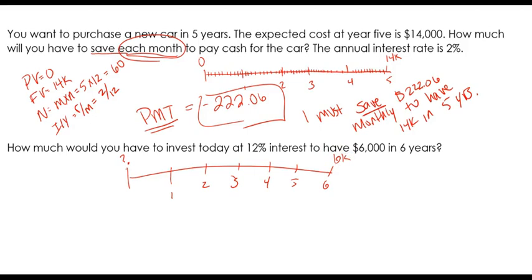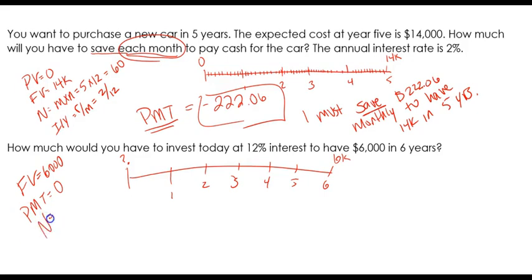So let's put in what we know. We know that we want to have $6,000. We also know that we are not going to deposit anything after our initial deposit. So we're going to deposit money today, but then nothing else over the next 6 years. We want to make one deposit. So that means our payment is 0.